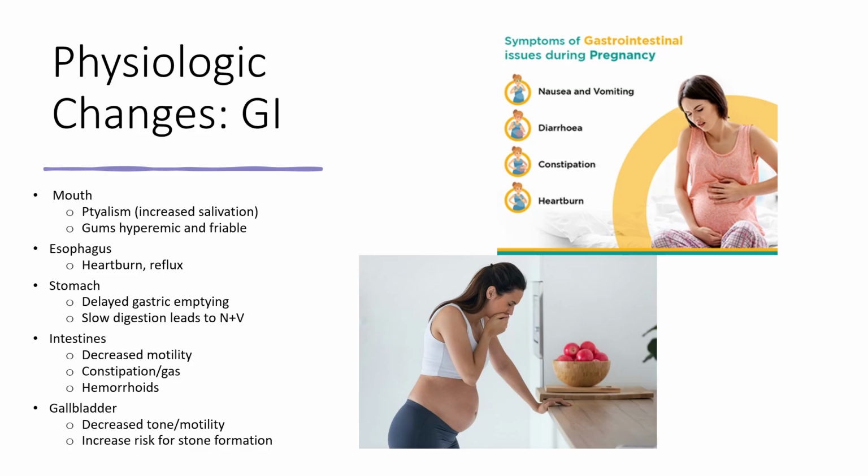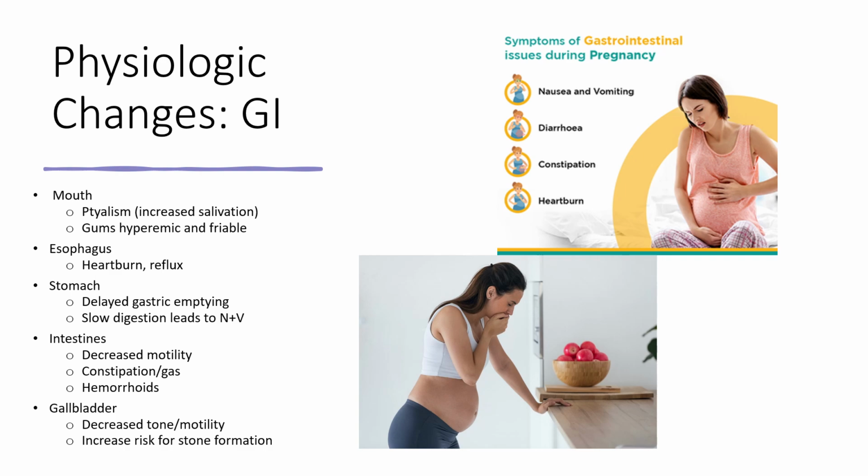As the baby grows, it's taking up a lot of space in the uterus and pushing up on the diaphragm, the esophagus, and the stomach region. A lot of this increases the nausea, vomiting, and heartburn that the patient may be experiencing.